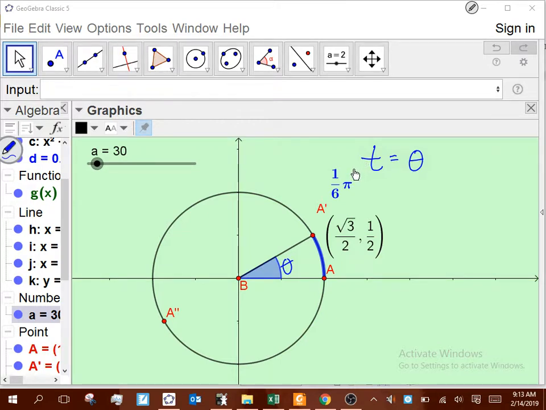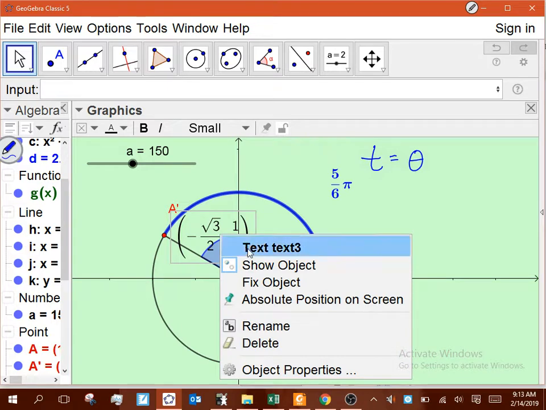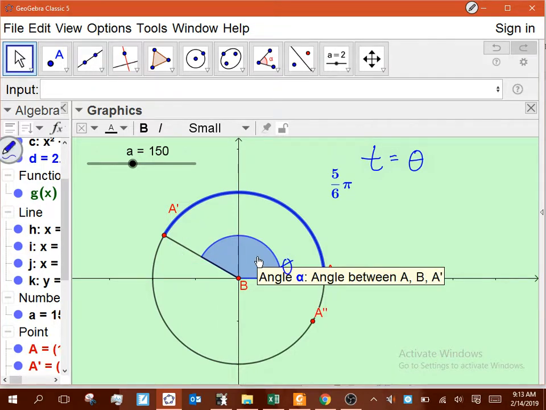What we're going to get at, guys, is we're going to be interested in asking, well, if T is all the way out there at 150 degrees, or because we're using the distance, it's always going to be in radians, the 5 pi over 6 measurement, we want to figure out what the ordered pair of A prime is.